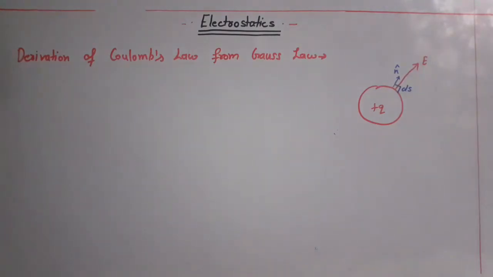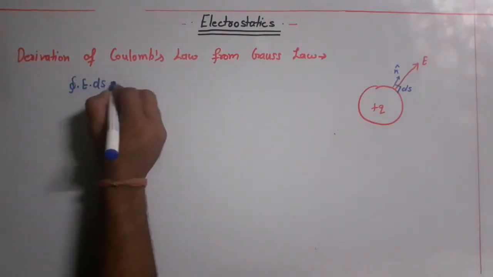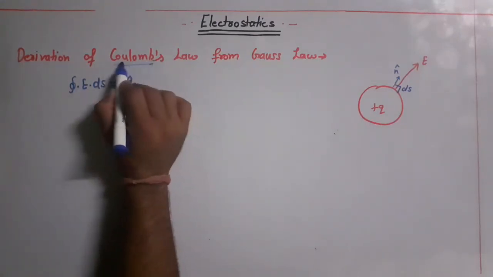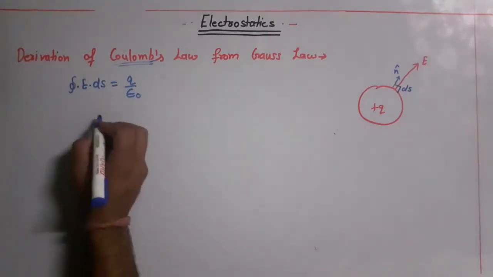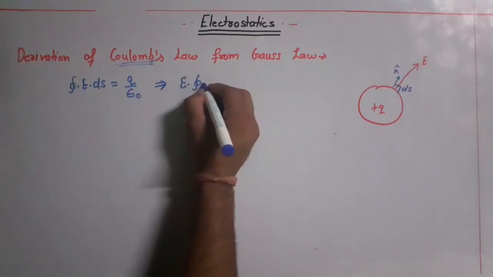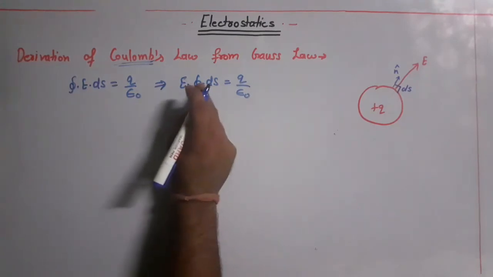Now what we have is our Gauss law, the integral of E dot ds is equal to q by epsilon naught, and we have to derive Coulomb's law. So let's convert this E dot ds into Coulomb force. E will be out of the integration and the integral of ds is equal to q by epsilon naught.